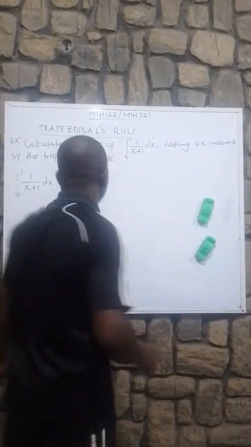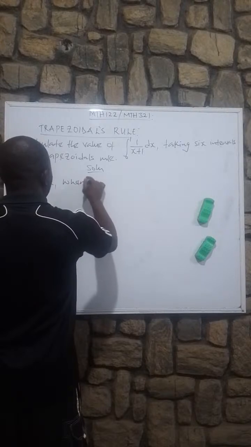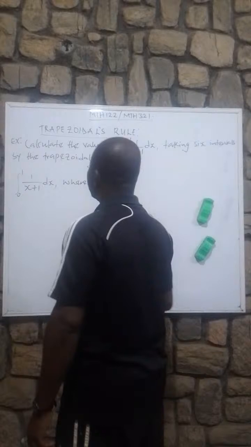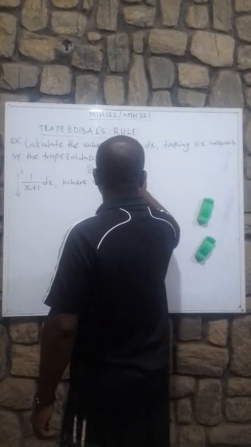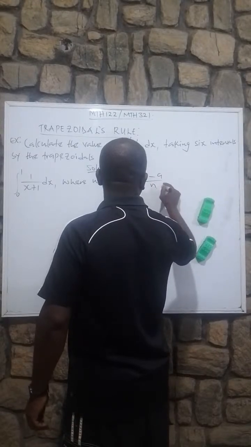It means our n is equal to 6, then our h is equal to b minus a all over n.